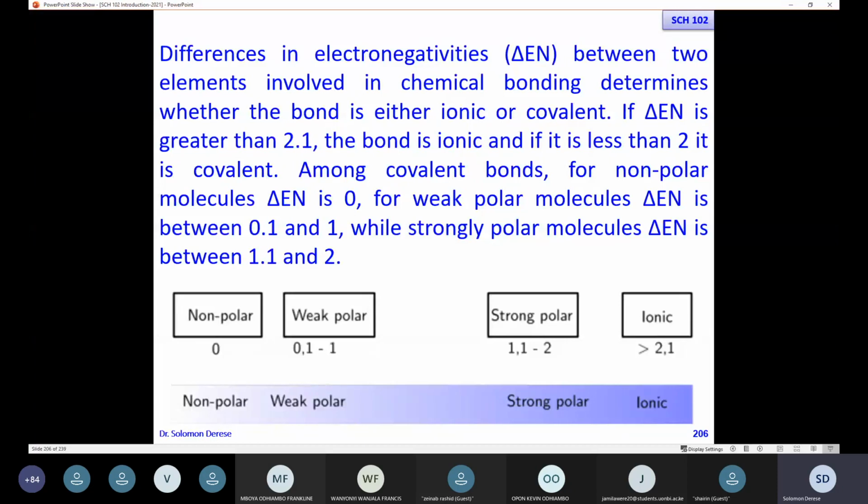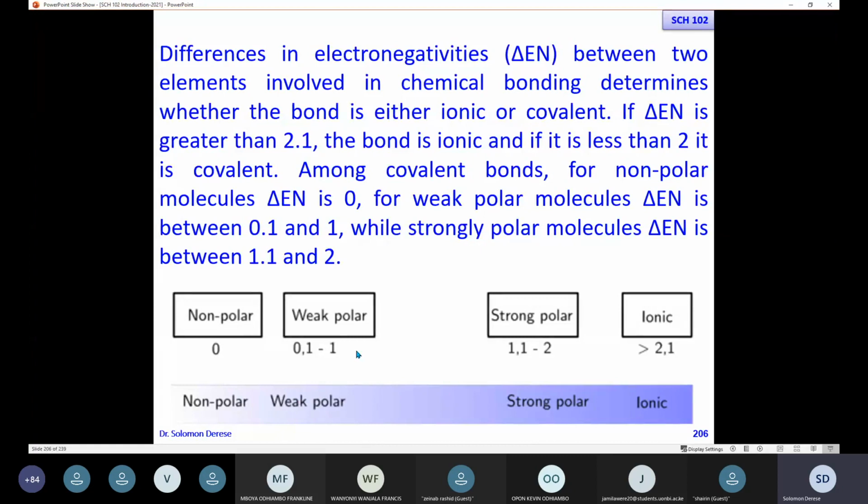So if the electronegativity difference between the atoms that are involved in chemical bonding is 0, that means the two elements have identical electronegativities, the two elements will have equal attraction for the bonding electrons. So such a chemical bond between such elements will be a non-polar covalent bond.